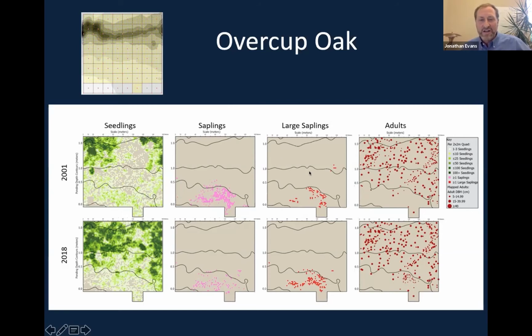There's no current sapling regeneration in the deeper areas of the pond at all. And you can see that's reinforced 20 years later. There's been no recruitment over that 20-year period of individuals through what seems to be a vulnerable life history state.